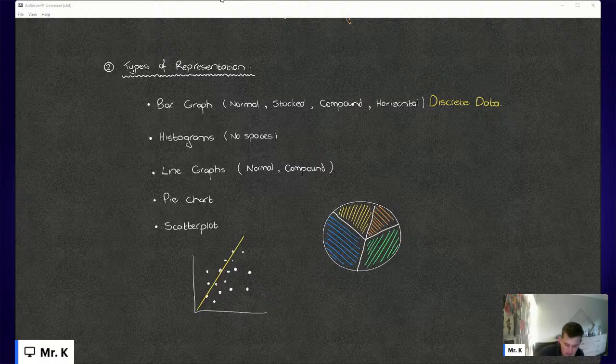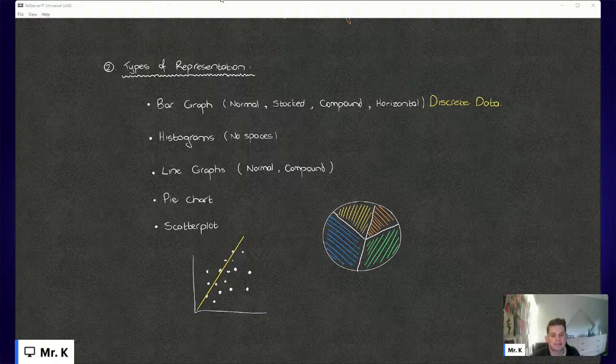In other words, when we count things and there's 6 and then 5 and then 2 and then 9, simple numbers, simple integers, whole numbers. Those numbers, which we call discrete data, are very good in a bar graph.